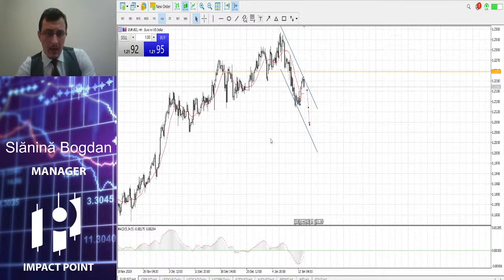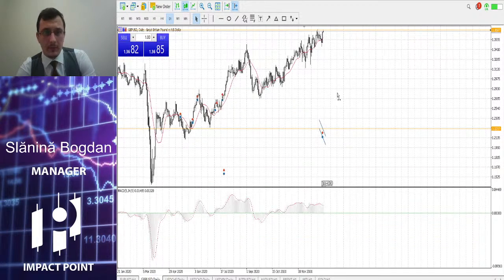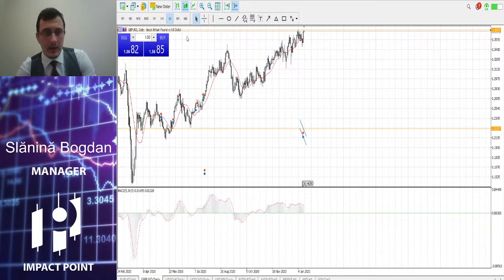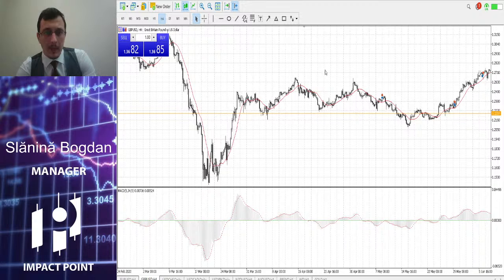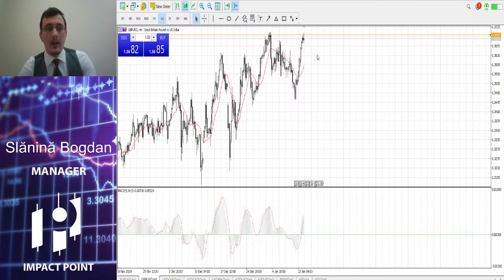Moving forward to GBP/USD, here we have another opportunity because the price is near this level, which is a historical level. Let's see how the price will behave here.